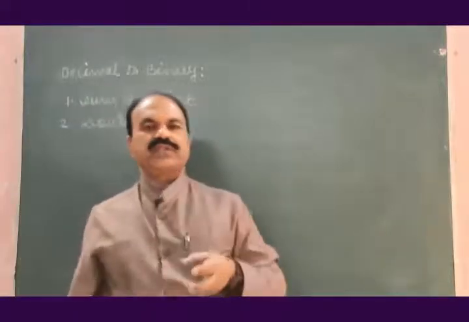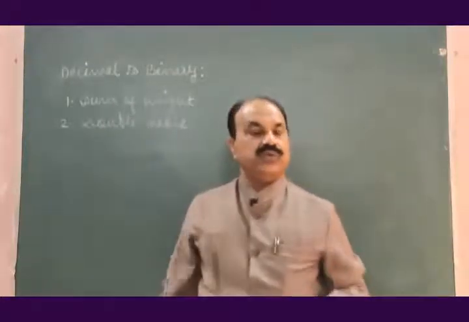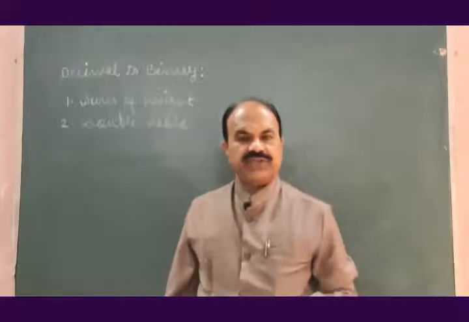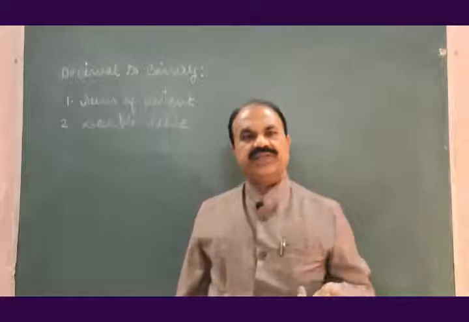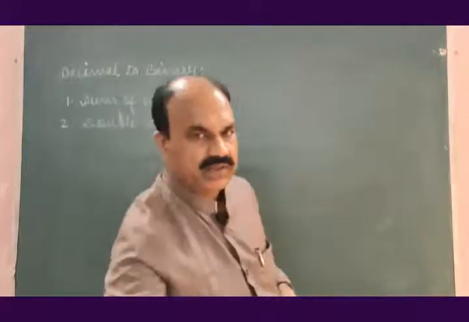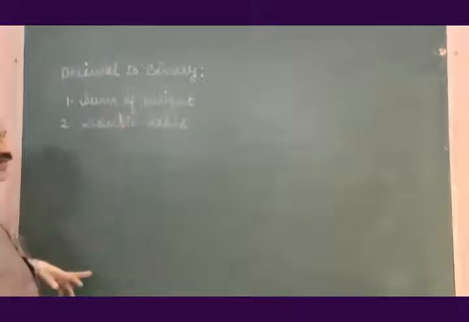There are two methods for conversion of decimal to binary numbers. First one is sum of weight method. Second one is double-table method. Let us start with sum of weight method.